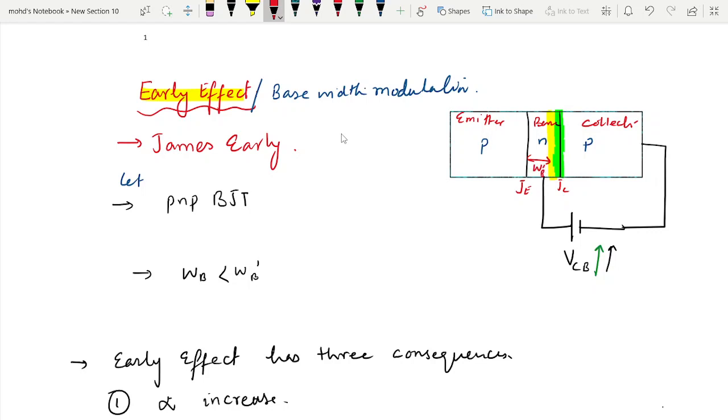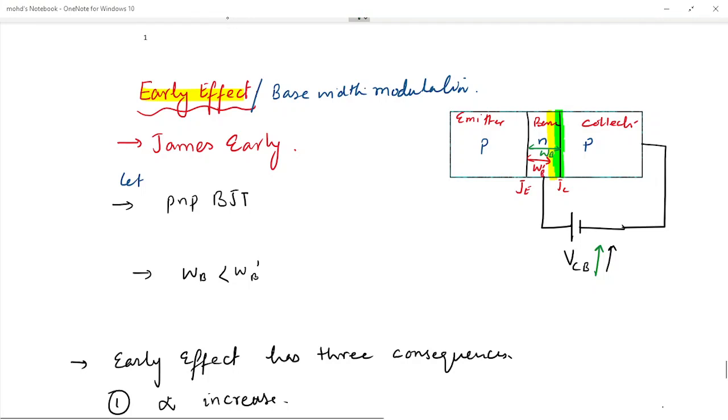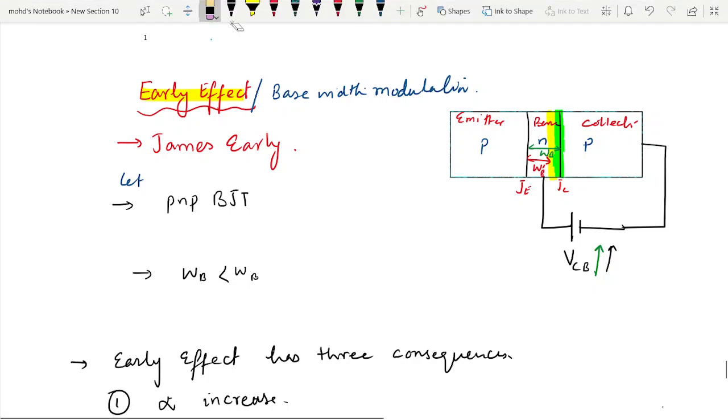Now, this is the effective base width. Earlier, the base width was this. Now the effective base width decreases. Let's say this is WB dash.